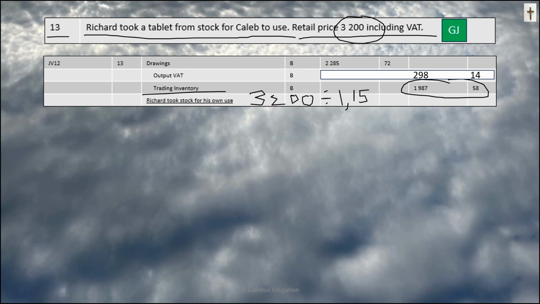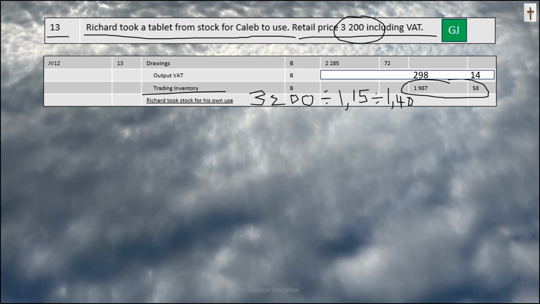Now in this whole exercise, the markup on the cost price is 40%. So to get to the cost price of the stock that is being taken, I need to take off the markup of 40%. And I can do that by saying divide by 1 plus the 40%, which is 1,40.